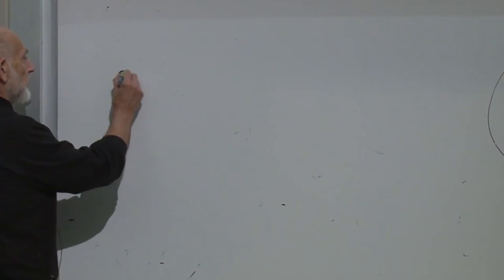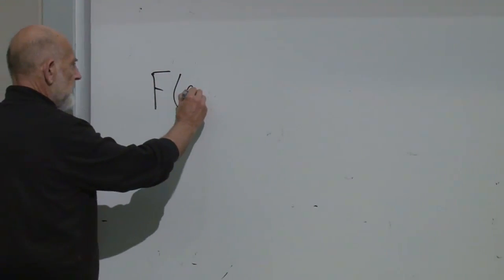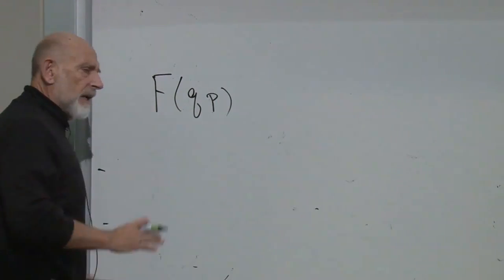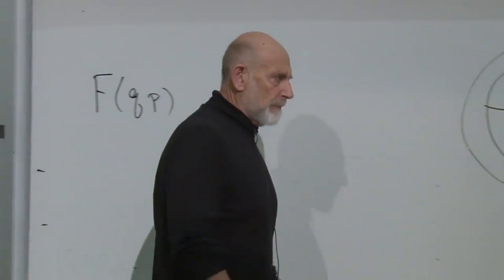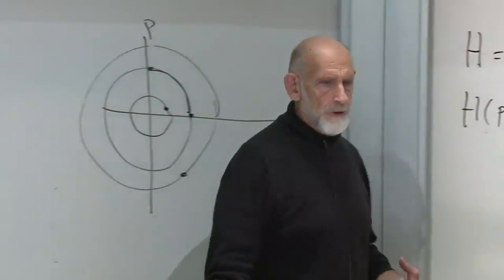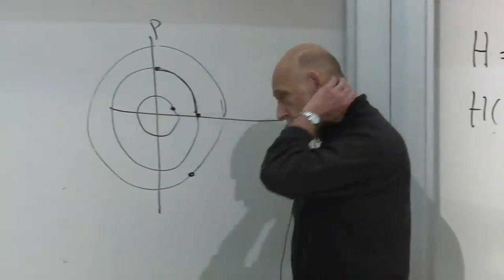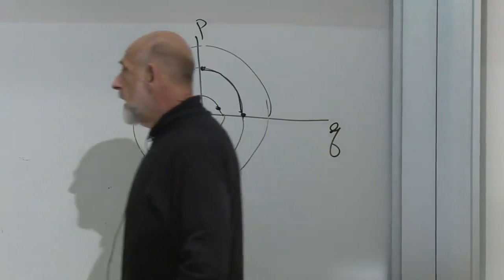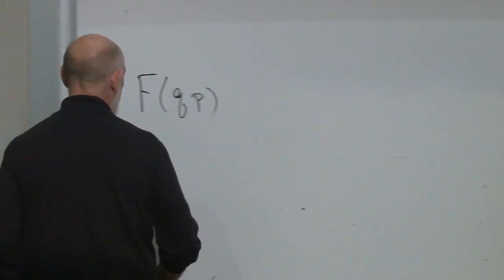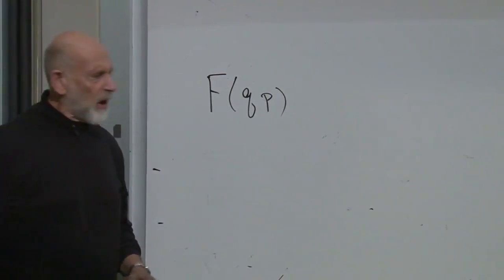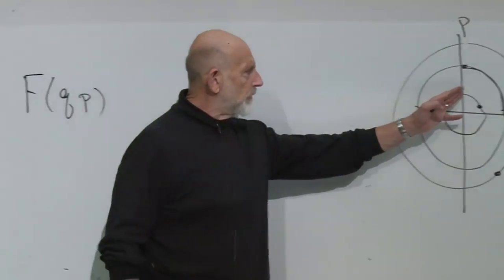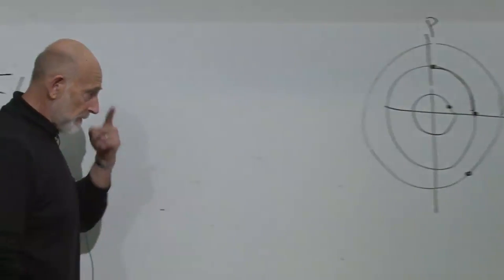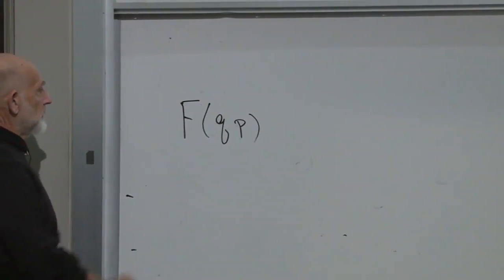If we have a function of some variables, let's say q's and p's, and I make a little disturbance of the q's and p's, I move them a little bit in the phase space, the function changes. If the function is a non-trivial function, it changes. How much does it change? Not changing with time, just changing because we've moved the point a little bit in phase space. Just a functional dependence.